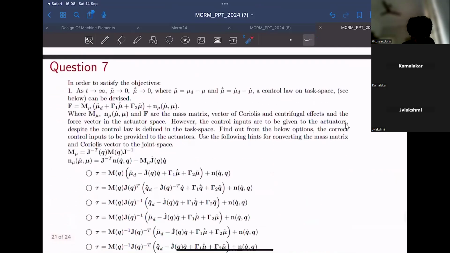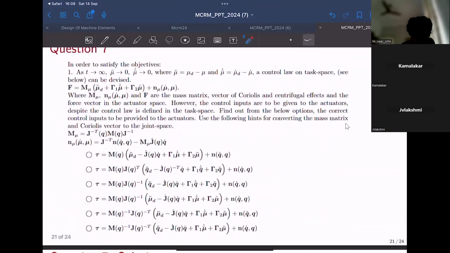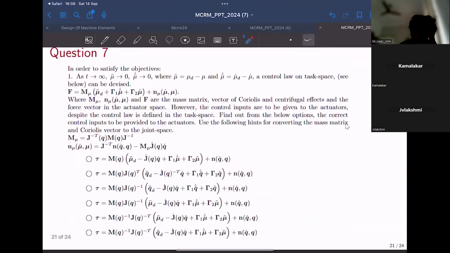And moving on to question 7. It's a lengthy question. It says, in order to satisfy the objectives, there are the following objectives actually.